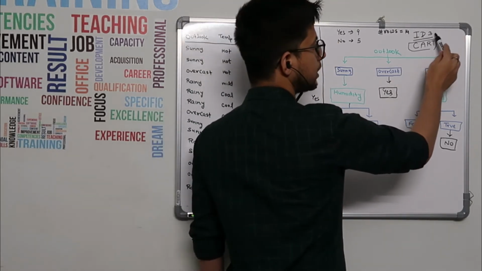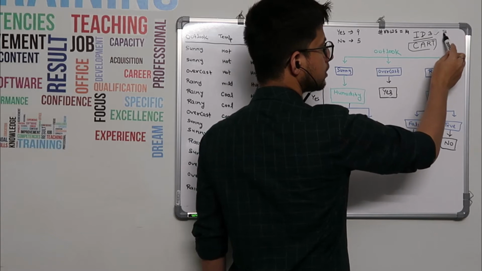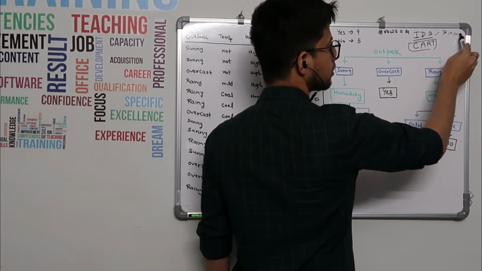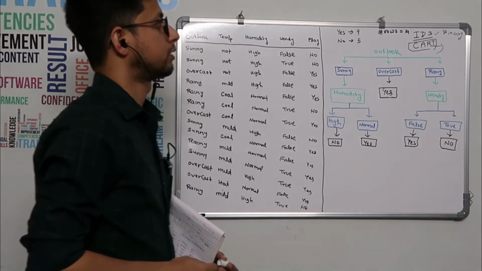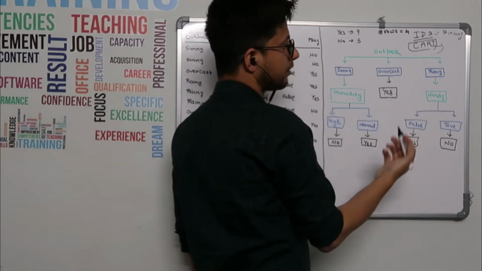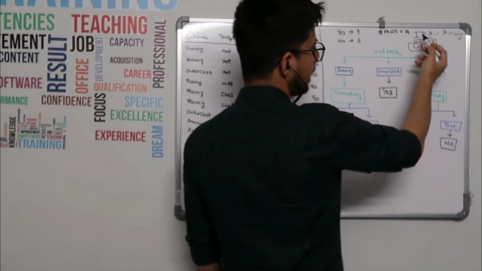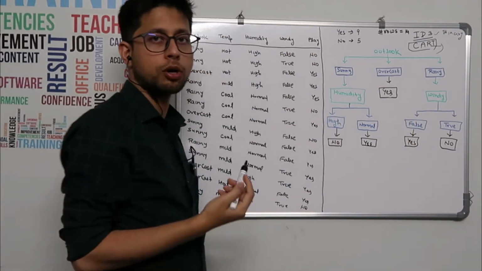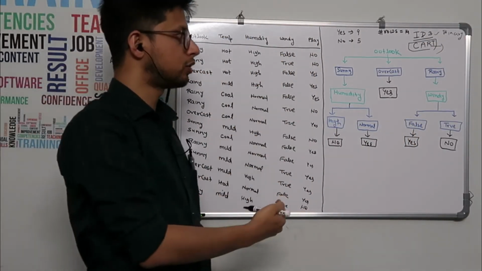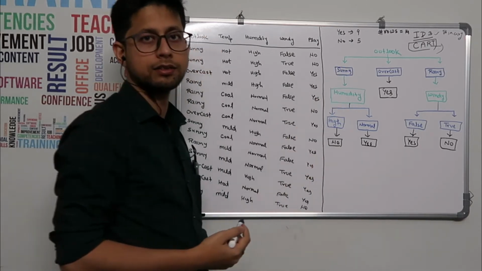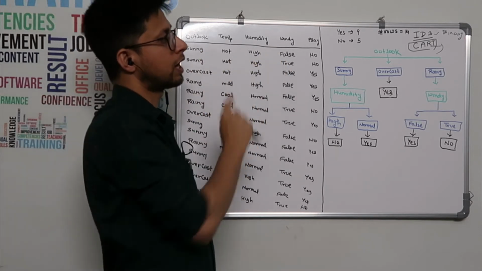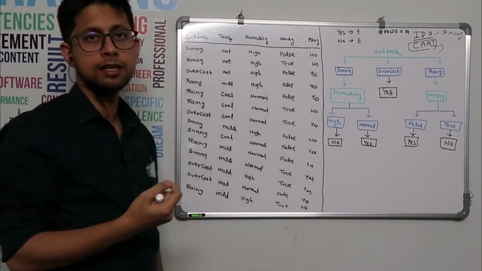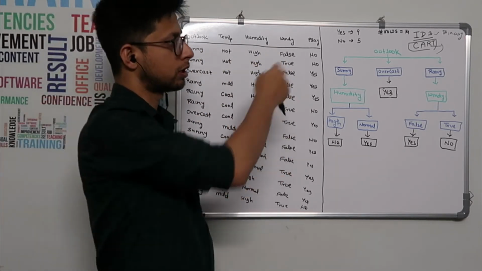ID3 is mainly used for binary classification and CART is used for both. There is a slight difference: ID3 uses entropy and information gain for splitting the node and CART uses Gini index. In today's lecture, I will be mainly focusing on ID3, that is entropy and information gain. In the next session, we will be talking about CART in detail.